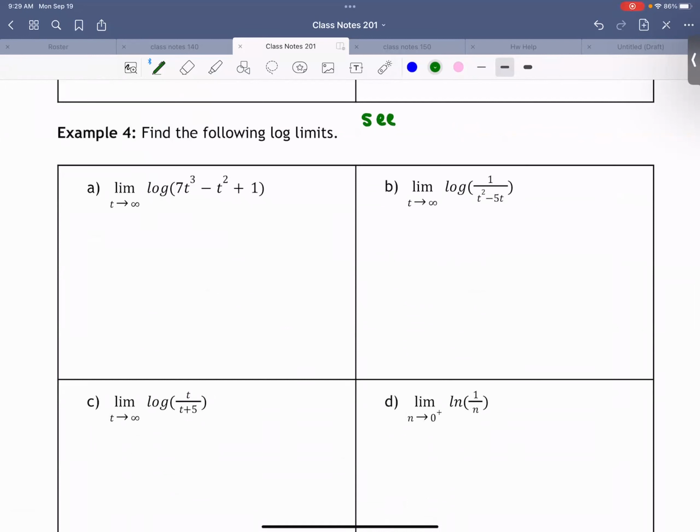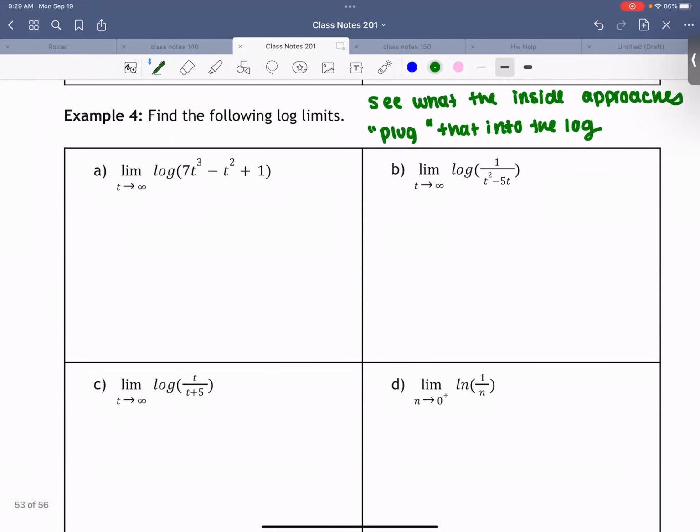I'm going to see what the inside approaches, and then I'm going to plug that into the log. So it's a two-step process, just like my exponents.